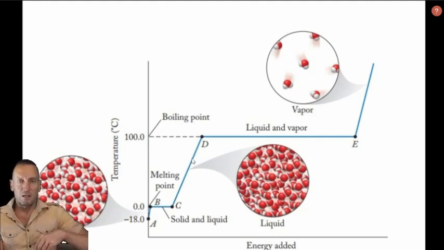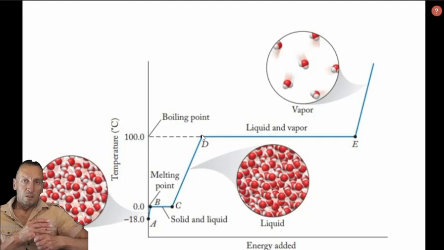And this is called latent heat. Then it reaches the boiling point, 100 degrees, and the water now starts bubbling. Small bubbles, you can see, but it's not boiling completely.